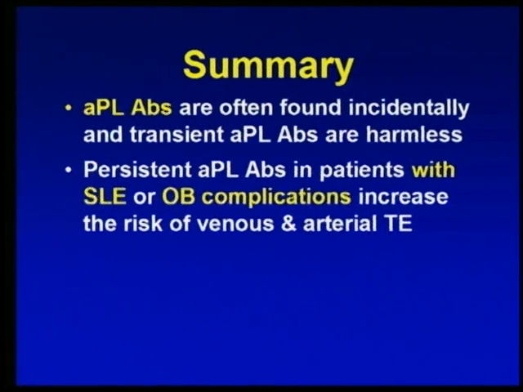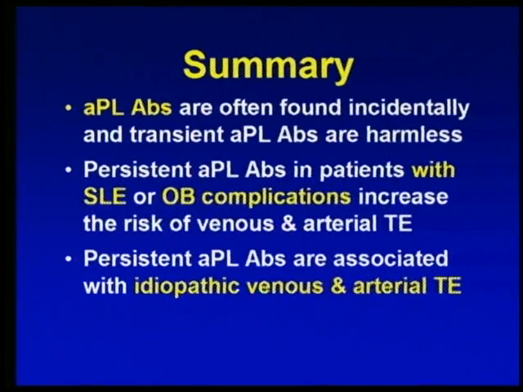In those individuals, they increase the risk of venous and arterial thromboembolism. Persistent antiphospholipid antibodies can be associated with idiopathic venous and arterial thromboembolism. I concentrated mostly on patients with venous thromboembolism, but it's also something we think about in patients with unexplained arterial stroke or other peripheral arterial events.